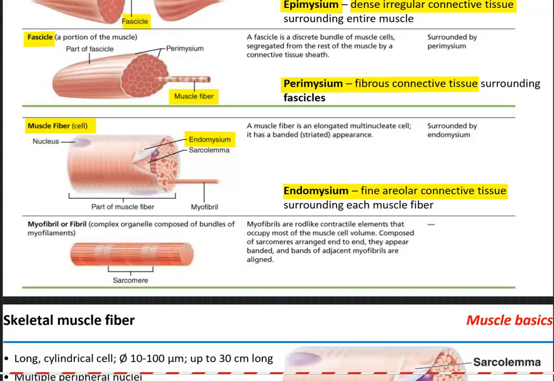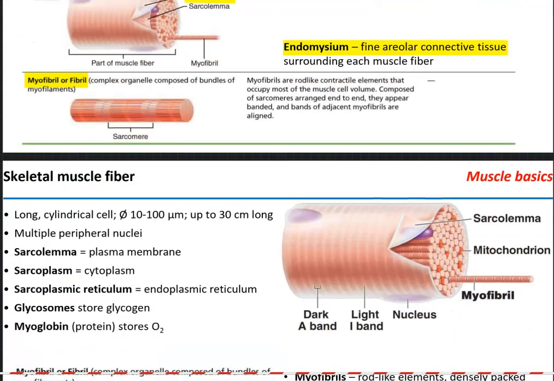So, when we start looking deeper into a muscle cell, what we're going to find is that it contains a lot of cylindrical myofibrils that are penultimate contractile structures.